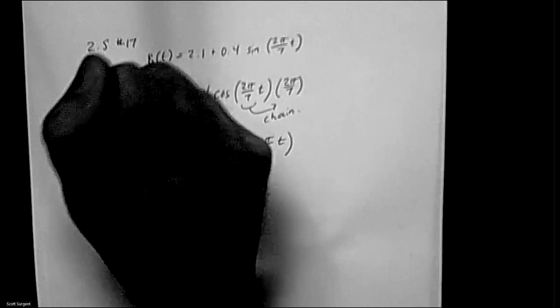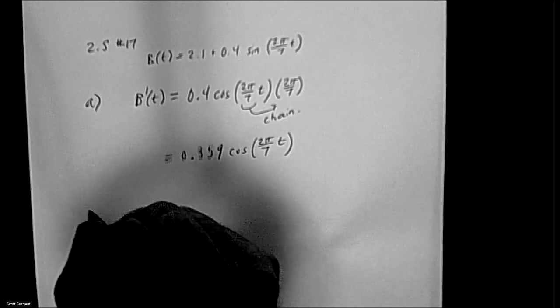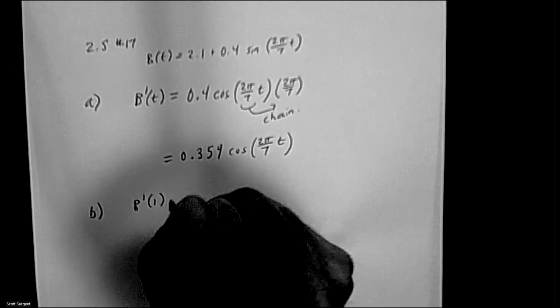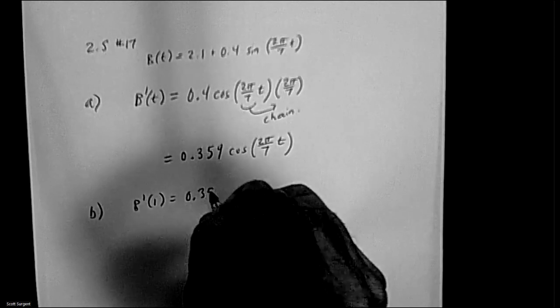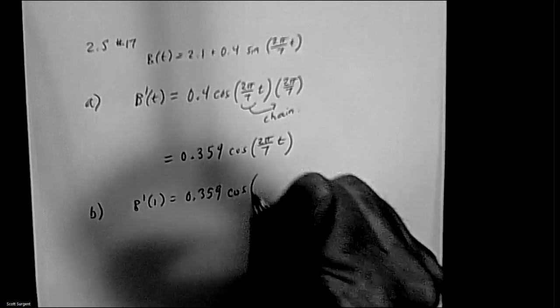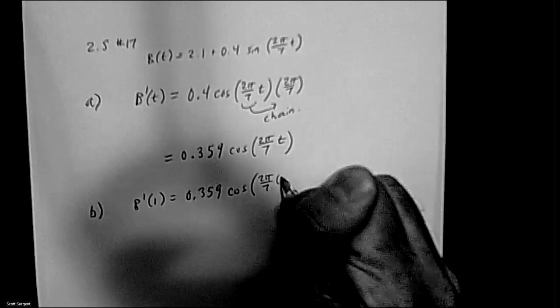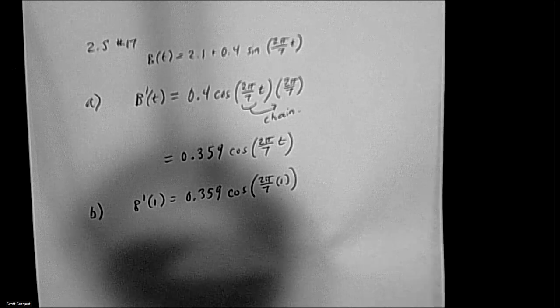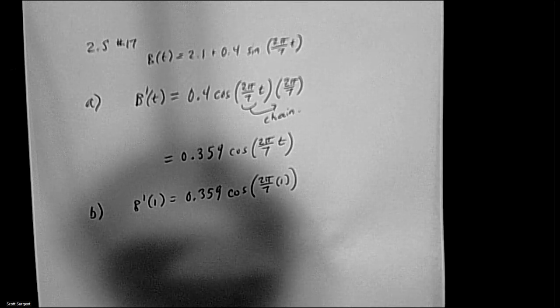That's part A. For part B, you just pop in the number 1. You just make sure you're in radian mode. So I'll just do it real quick, typing in 2 pi over 7.